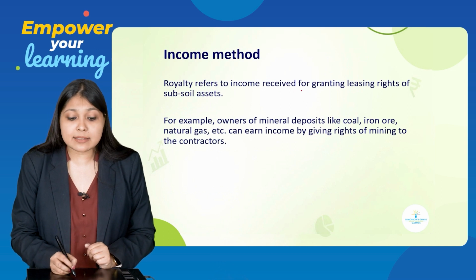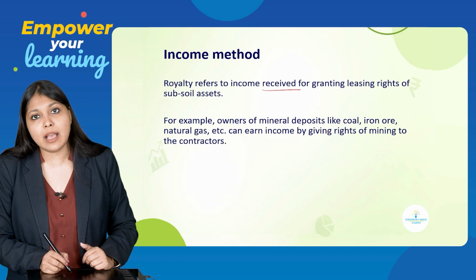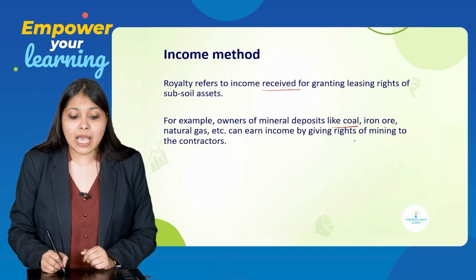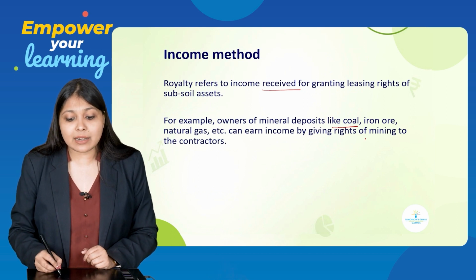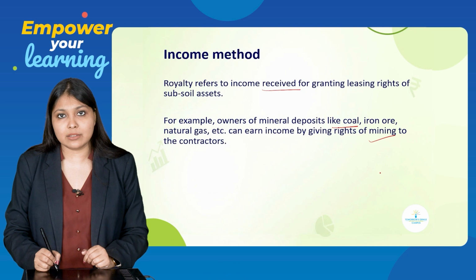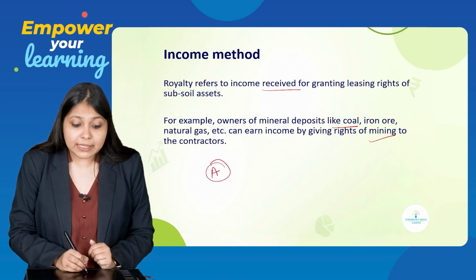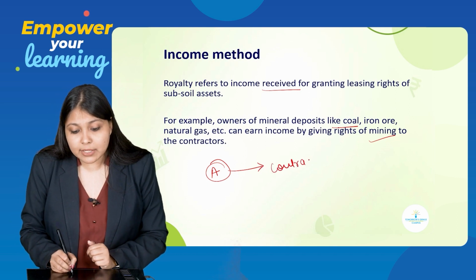Royalty means nothing but income received for granting lease rights of a subsoil asset. Example, the owner of a mineral deposit like coal, iron ore, natural gas, etc. can earn income by giving mining rights to contractors. The right is completely in the hands of A, but A is giving this right to a contractor.